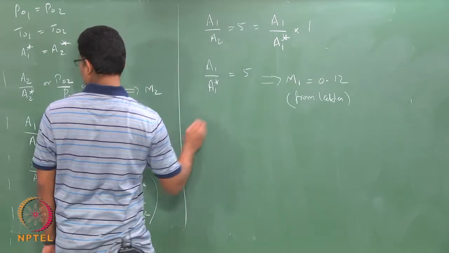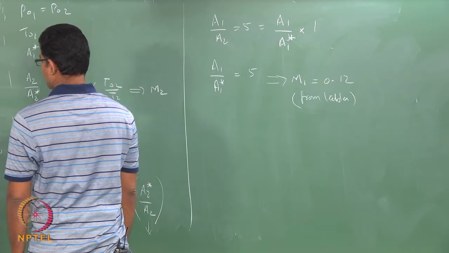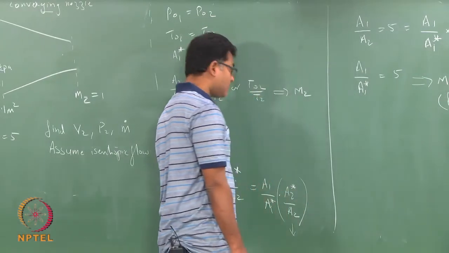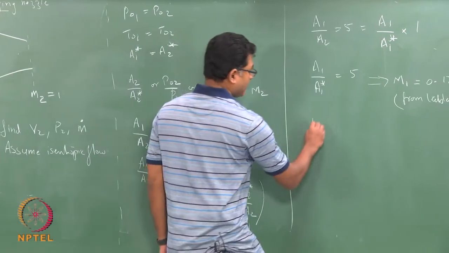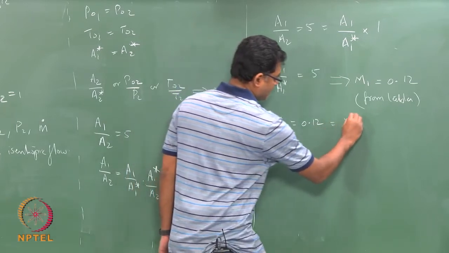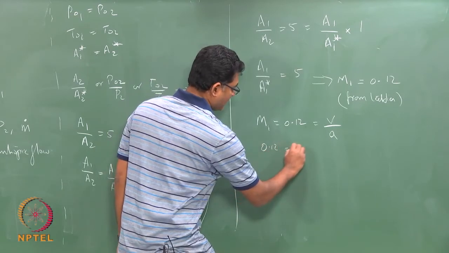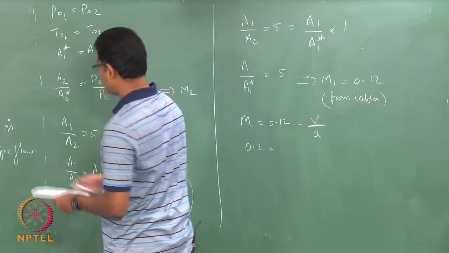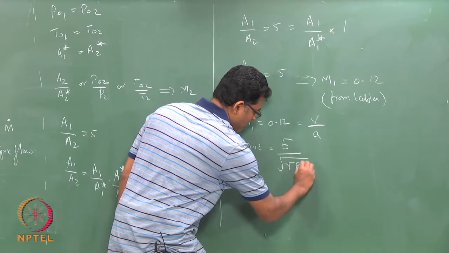So, if the question is to find V2 and P2, let us go ahead and do the temperature calculation. So, if I have M1 equals 0.12, which is V by a, 0.12 equals V, which is 5 meters per second, by root gamma R T1.